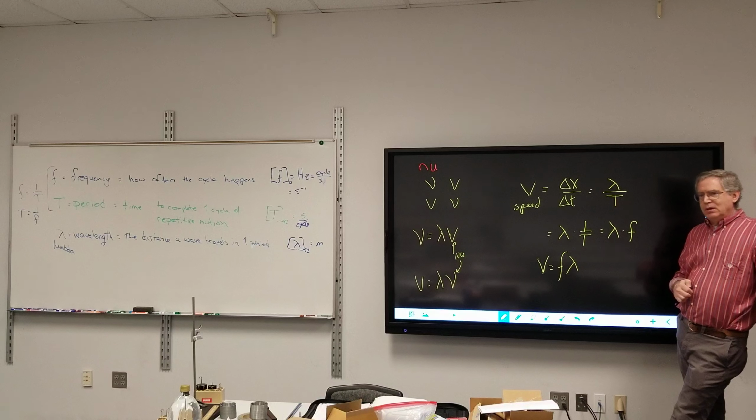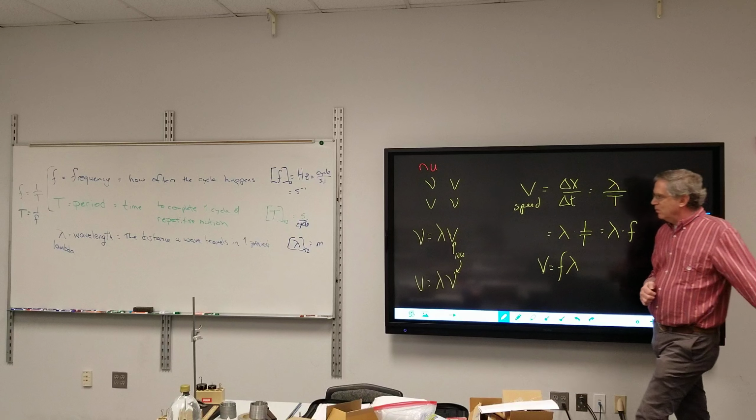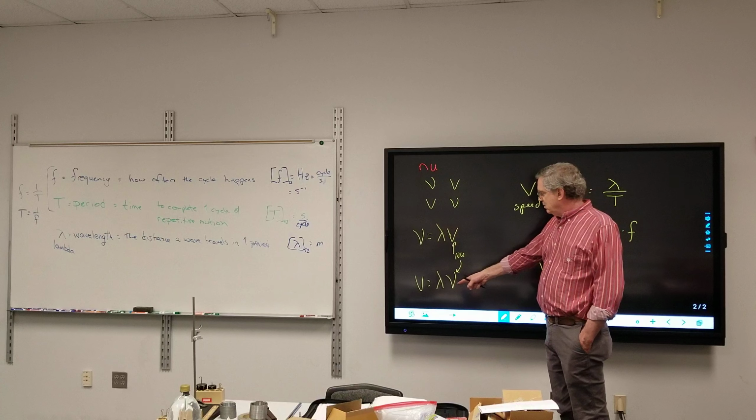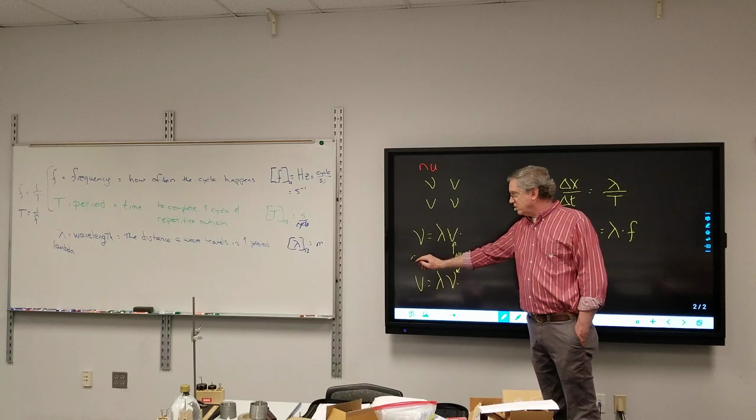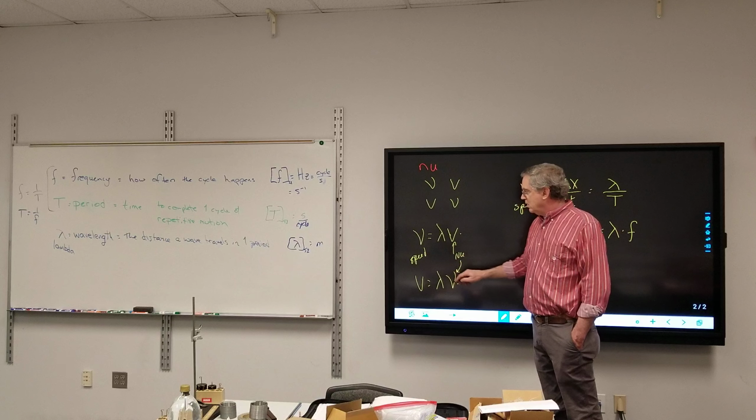Okay, I'm confused on what's directly below nu. That stuff, that's a nu. Then what's the other V? That's a nu. And what's the one at the beginning? This is speed over here. This is a V. Okay. This is frequency.